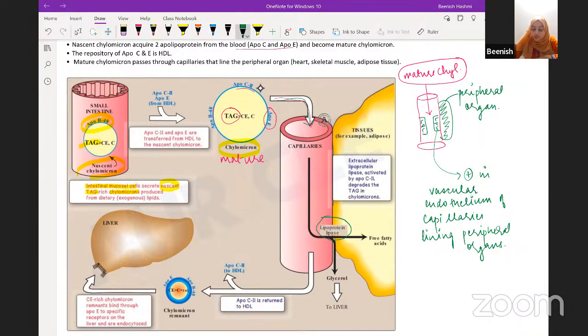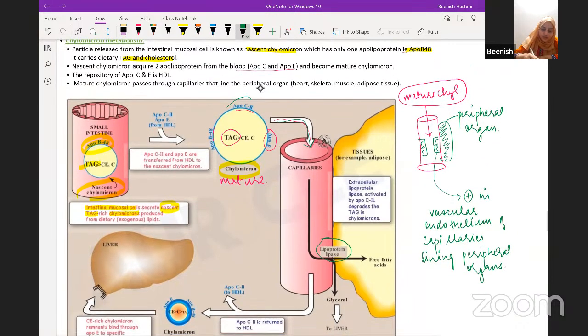Now this lipoprotein lipase is activated by ApoC2, which was present in the mature chylomicron. So ApoC2 activates the lipoprotein lipase present in the vascular endothelium of the capillaries, and as a result, the lipoprotein lipase hydrolyzes the dietary TAG present in the chylomicron into free fatty acids and cholesterol. Now this cholesterol will go to the liver, and the free fatty acid is taken up by peripheral organs.